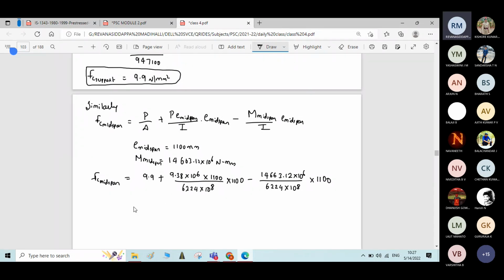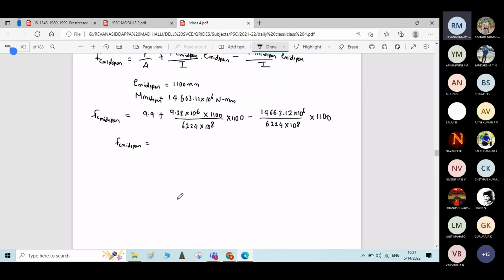Calculate the answer. You will get the stress at midspan. Please check your answer. It is 2.33 Newton per mm square.